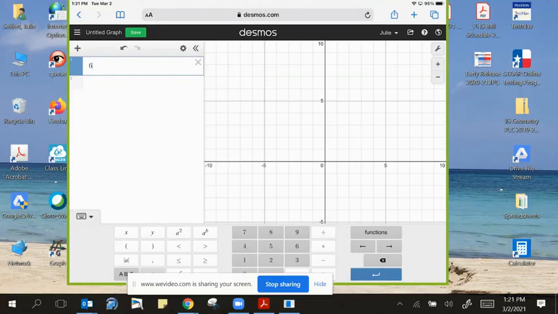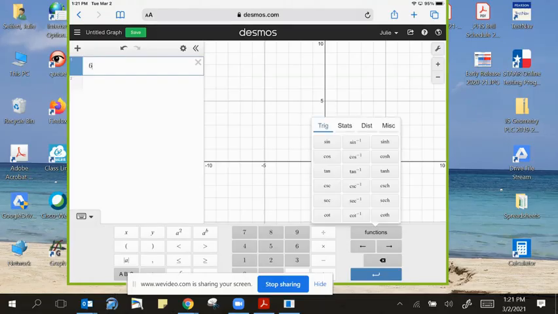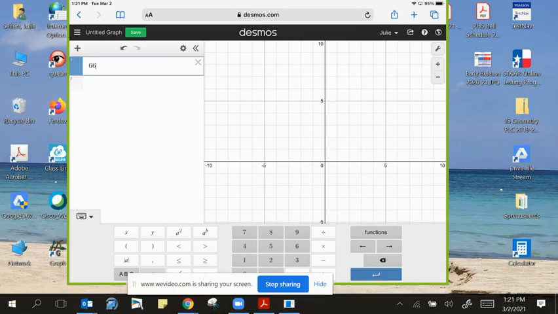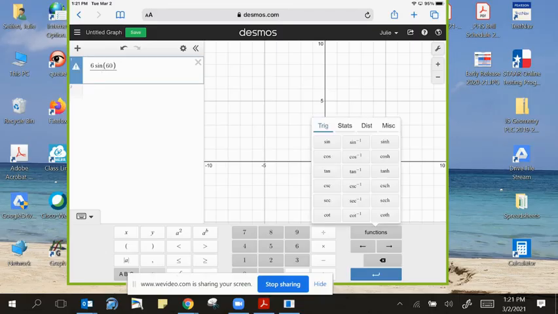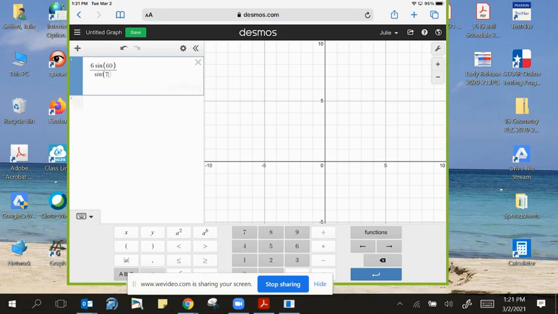So 6 times sine of 60, close that parentheses, then divide by sine of 78.